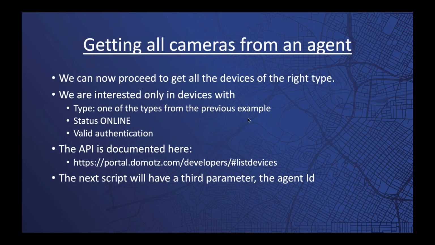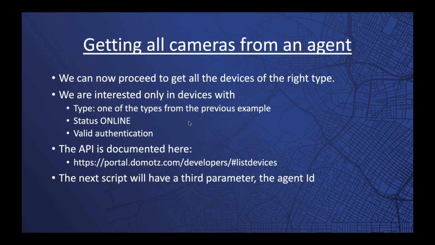I'm interested, of course, only in devices that have the snapshot capability, that are online, and for which the authentication is valid. That means either they don't need the password or the user has already inserted the right password.